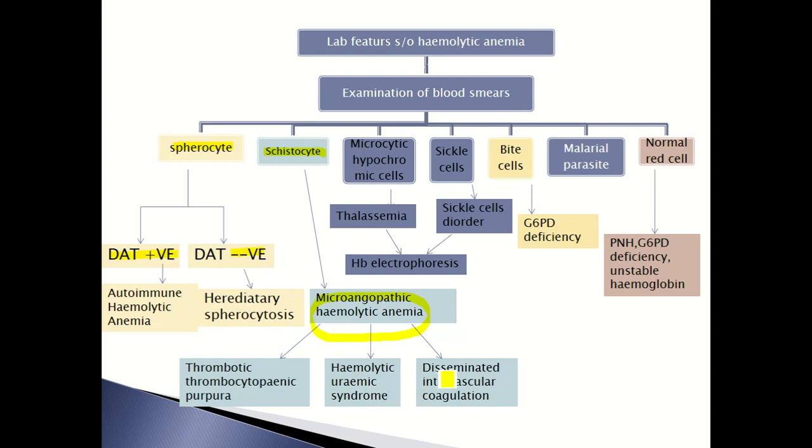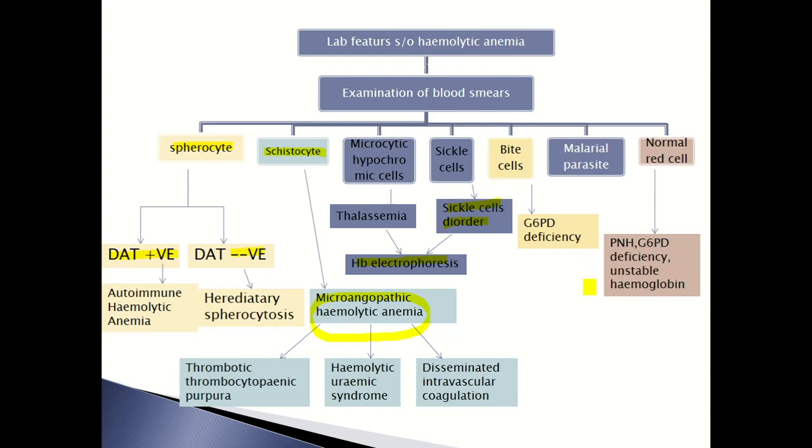So once you find schistocytes, think about these three hemolytic disorders, collectively known as microangiopathic hemolytic anemia. And if you find microcytic hypochromic cells, think about thalassemia first, because whenever you see a hemolytic picture with micro-hypo cells, it is definitely thalassemia. Go for Hb electrophoresis. Once you find sickle cells, that is definitive for sickle cell disorders, again confirmed by Hb electrophoresis or HPLC.